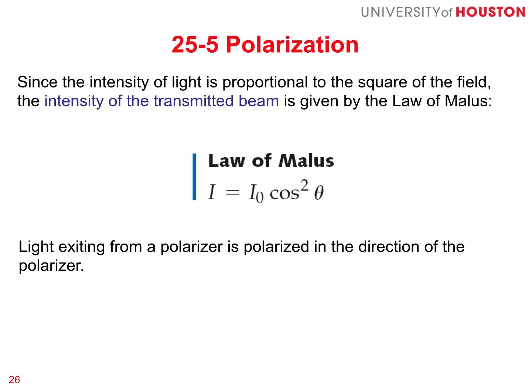We can see that when theta is 0, the full intensity will transmit, and when theta is 90 degrees, then none of the intensity would transmit, as cos squared theta will be 0. The light exiting from the polarizer will be polarized in the direction of the polarizer with this reduced intensity.